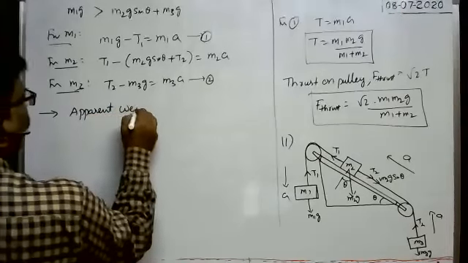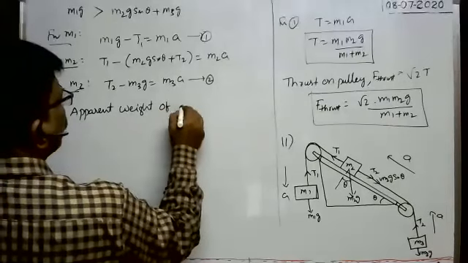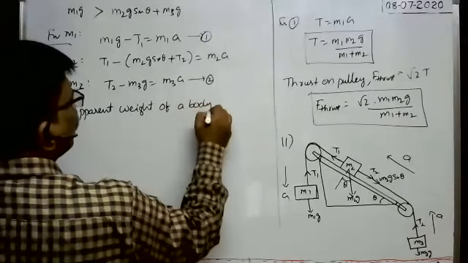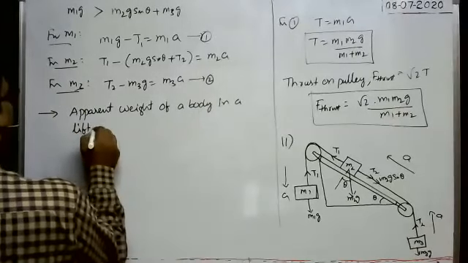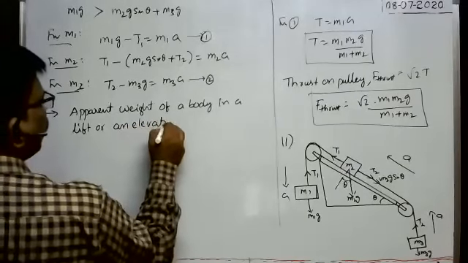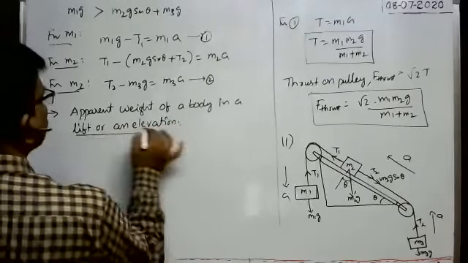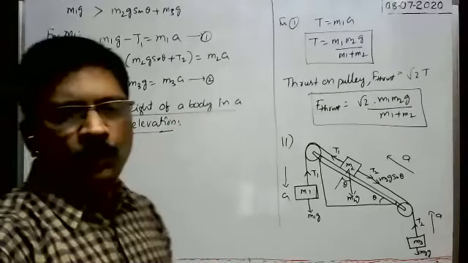Apparent weight of a body in a lift. It's very, very important. Apparent weight of a body in a lift, or an elevator. Elevator or lift, both are the same. Okay, both are the same.